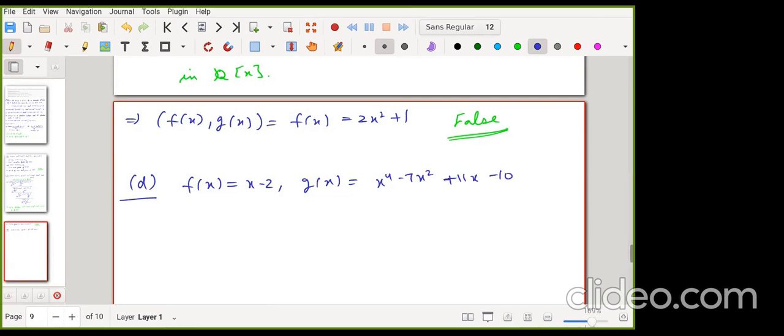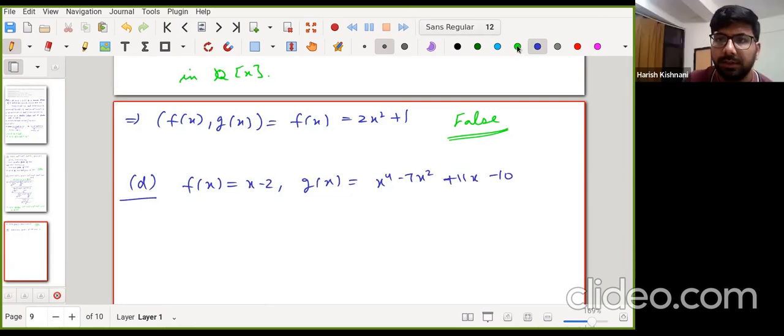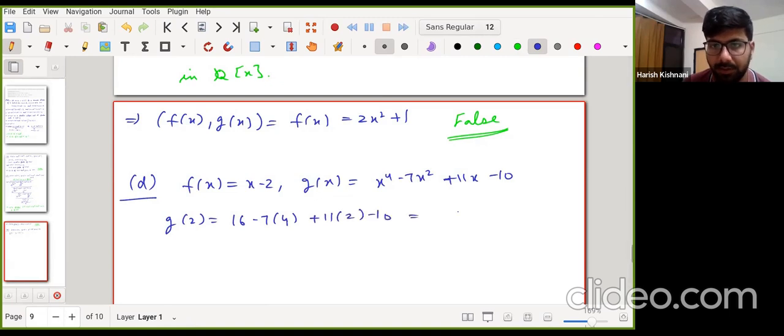Okay, and you can see that g(2), which is nothing but 16 minus 7 into 4 plus 11 into 2 minus 10, is 16 minus 28 plus 22 minus 10. So that is 38 minus 38, which is nothing but 0.